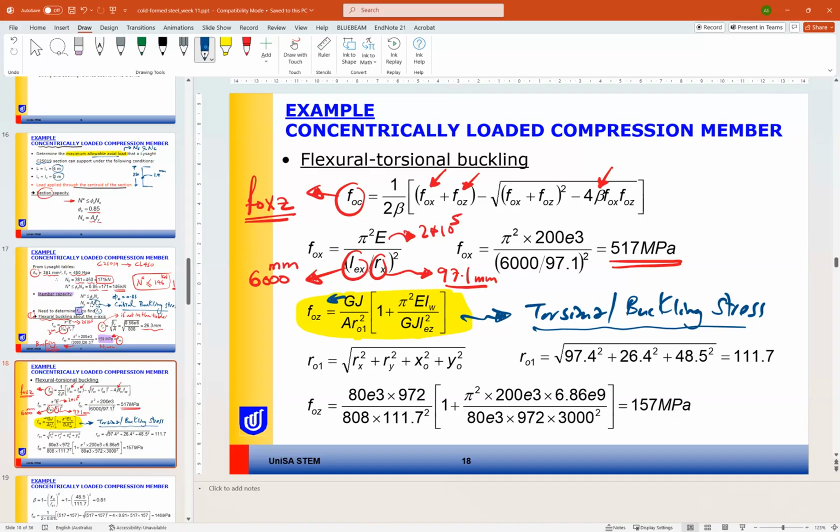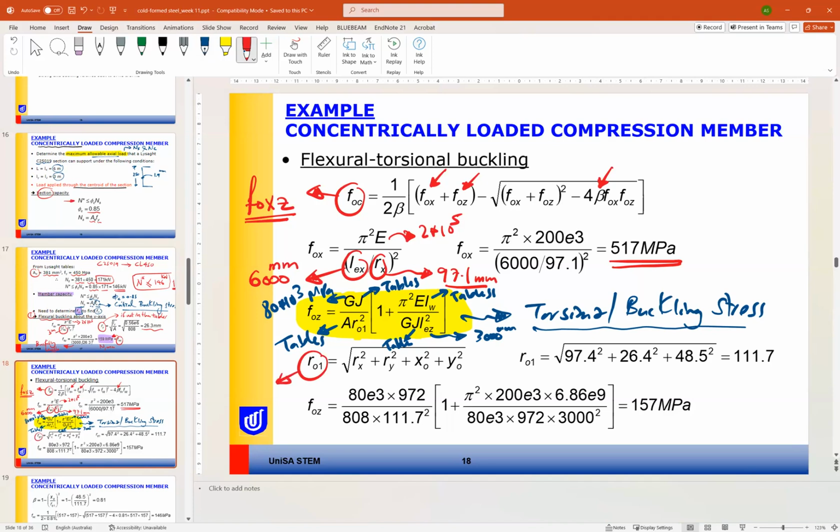G is the shear modulus, 80 times 10 to the power 3 MPa. A gross from tables. J from tables. E is 2 times 10 to the power 5. IW from tables. J from tables. LEZ is the buckling length about Z, which is given as 3000 millimeter.